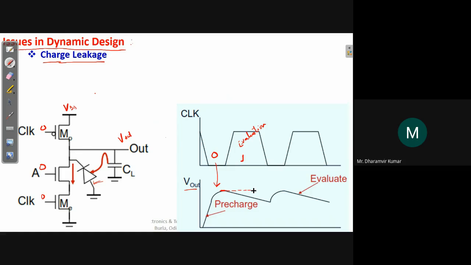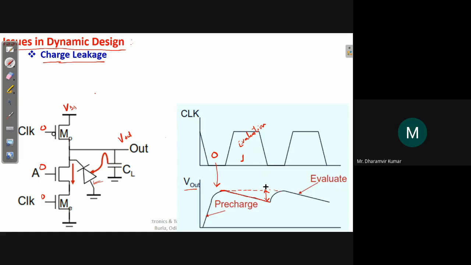But it doesn't happen because of these leakage currents. The charge content of the load capacitance, and hence the output voltage, reduces, and it goes by some slope in the downward direction, and you will find that at the end of this cycle there is a reduction in the output voltage by this amount.